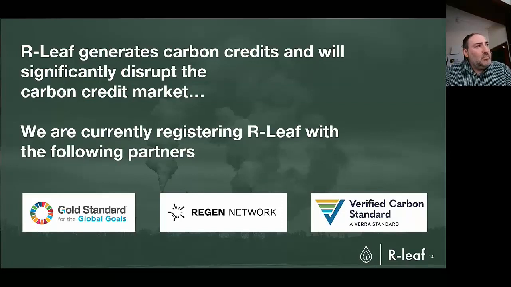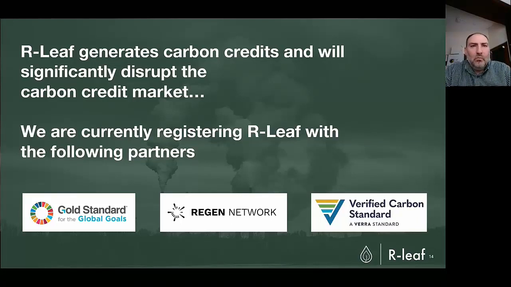The carbon credits, as I said, are being registered with Gold Standard, Region Network, and verified Vera. We are expecting within 4 to 5 months to have the first methodology accepted, so we can actually claim carbon credits.